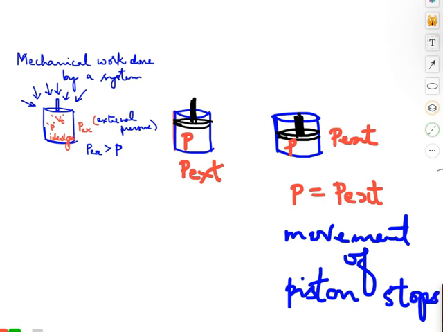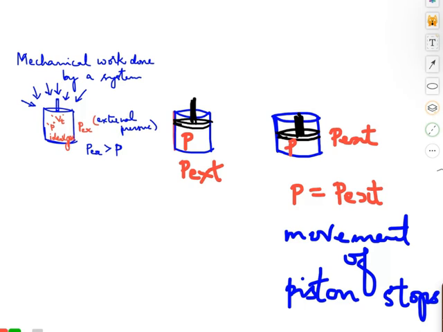Now, this movement of the piston can be obtained in two different ways. The same thing can be done in a different way. So look at the change in the volume. What is the change in the volume here?